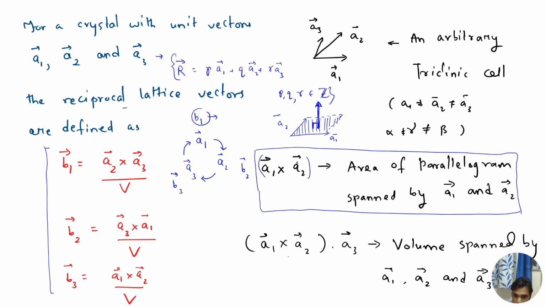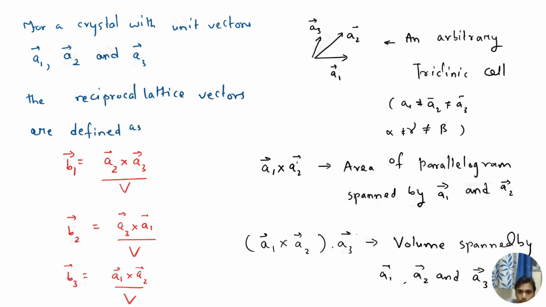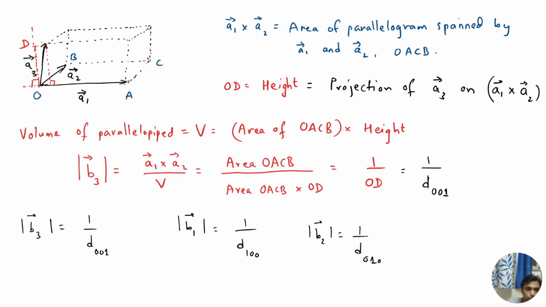Now when you do a1 cross a2 dot a3, let us see what this is. We have a1 cross a2, which is nothing but the area of the parallelogram spanned by a1 and a2. Here a1 is OA, a2 is OB, and the area spanned by them is OACB.